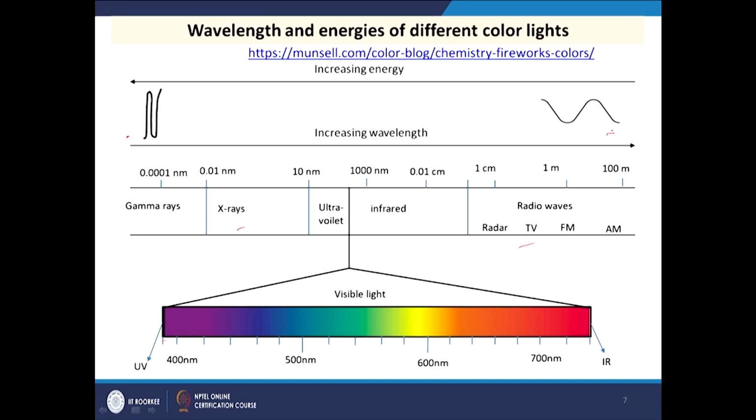These are the different types of rays available in the solar radiation coming to the earth. We have to trap the energy associated with this radiation and convert it into usable form. That is the basic concept of energy conversion from solar to electricity.